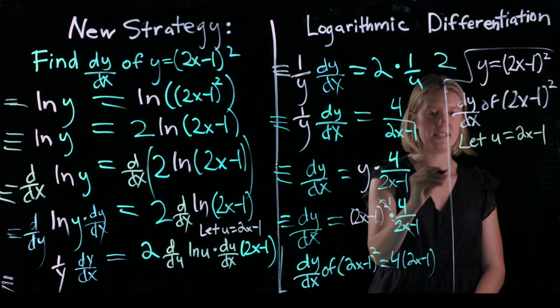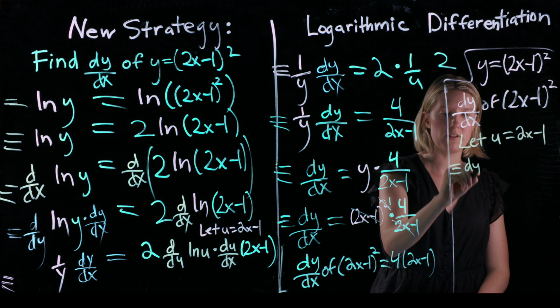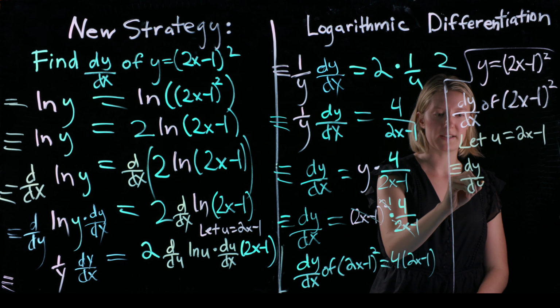Then instead of dy/dx, I'll have the derivative of y with respect to u of u squared, times the derivative of u with respect to x of 2x minus 1. So taking this derivative, I get 2u times 2, because the derivative of u with respect to x is 2. So altogether I get 4u, which is 4 times 2x minus 1.